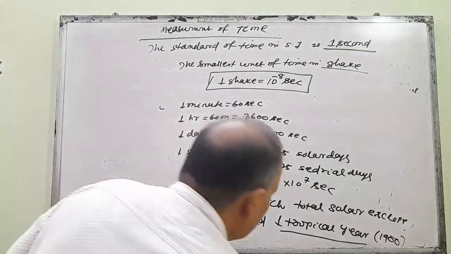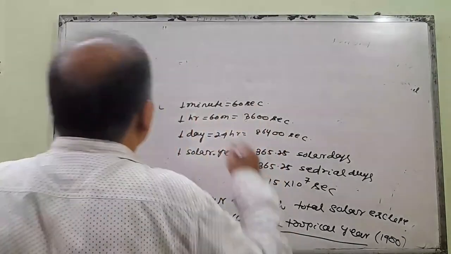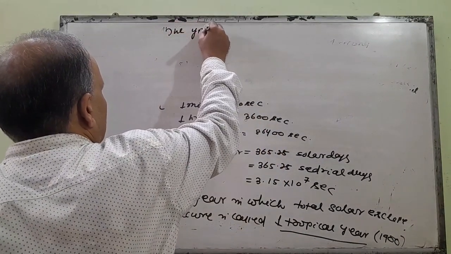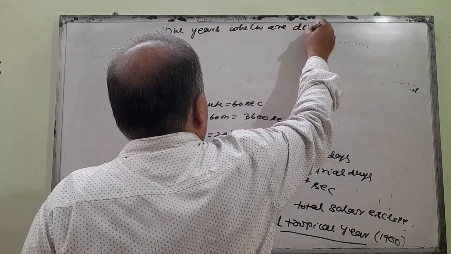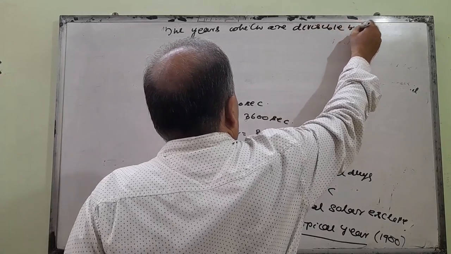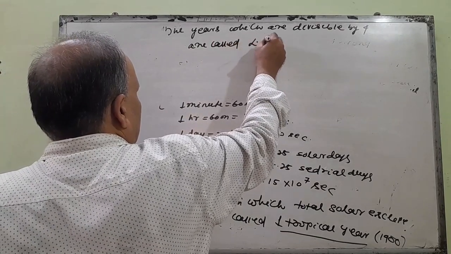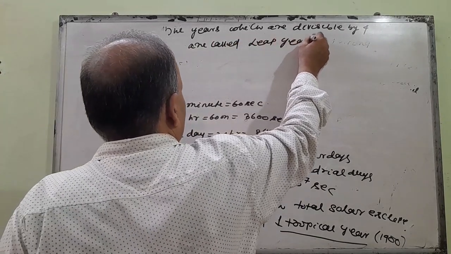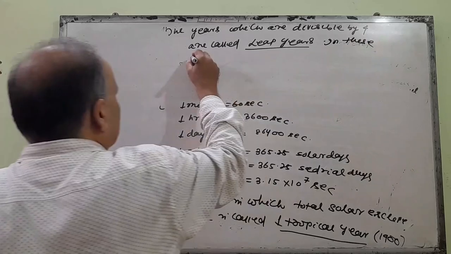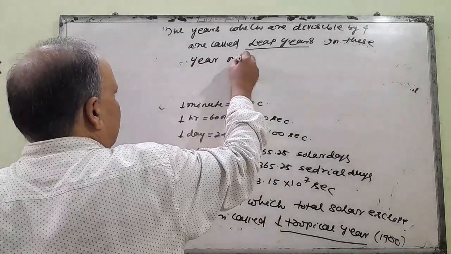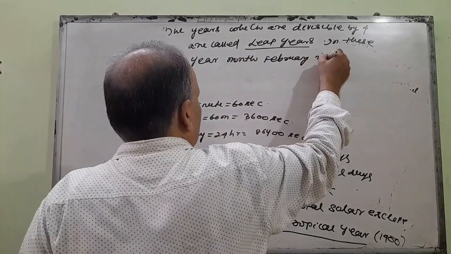The years which are divisible by 4 are called leap years. You remember, and in this year, the month of February is 29 days.